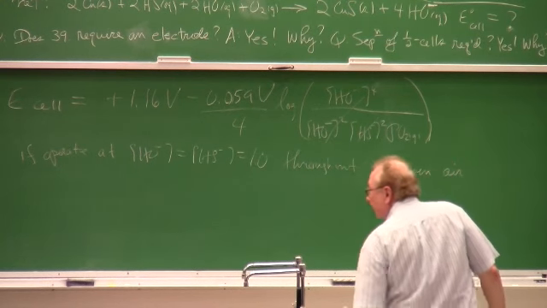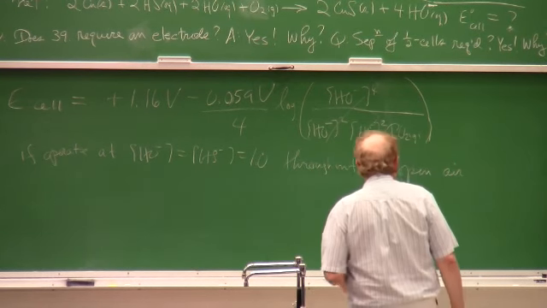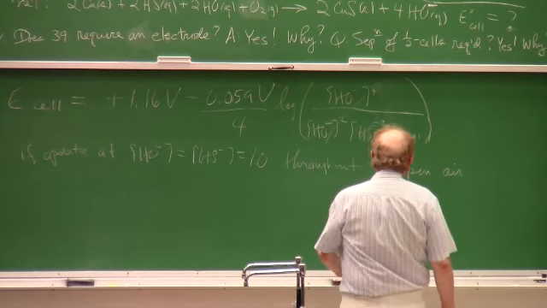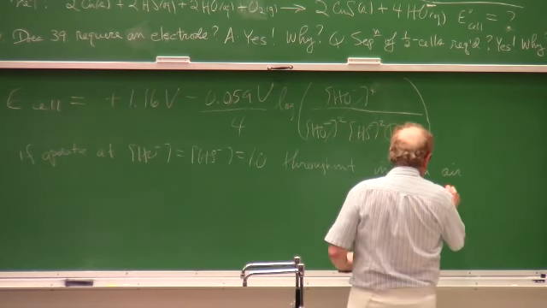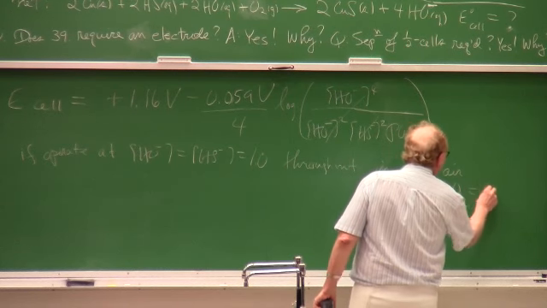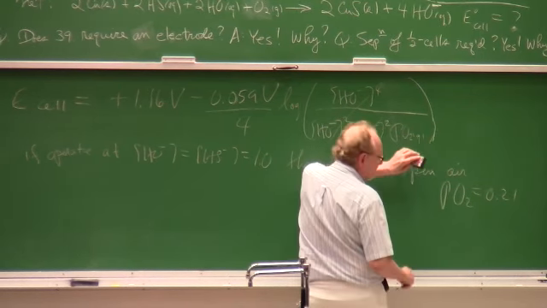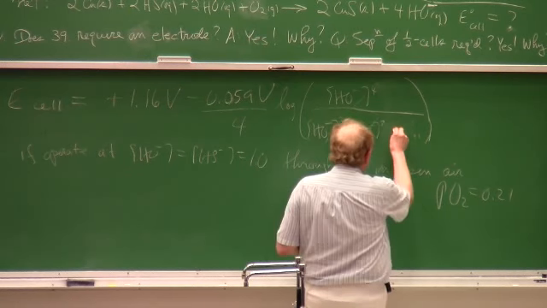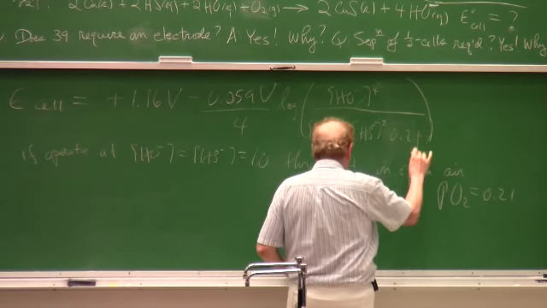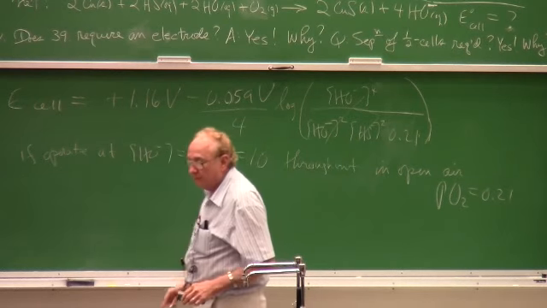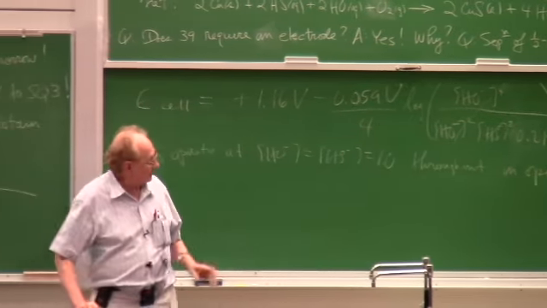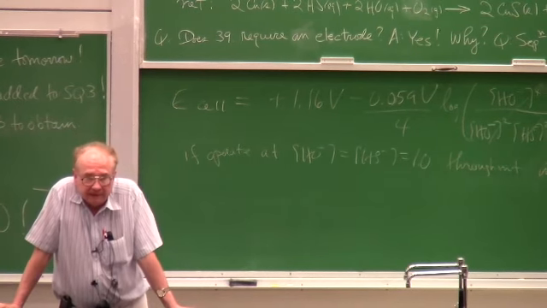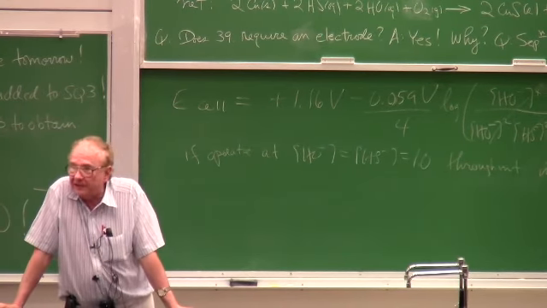Nitrogen about 0.78 atmospheres. Oxygen 0.21. And a smattering of other gases at much smaller partial pressures. And so, if I operate this system under these conditions, is E cell bigger or smaller or the same as E0 cell?